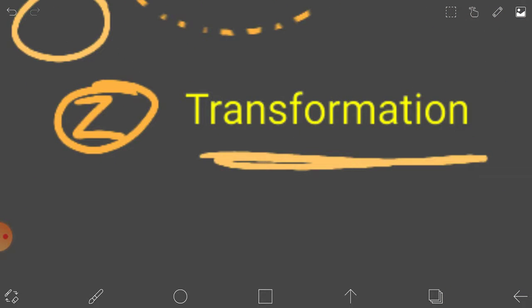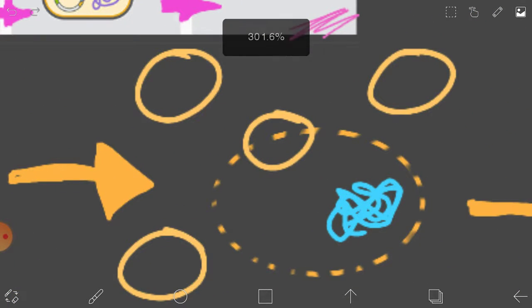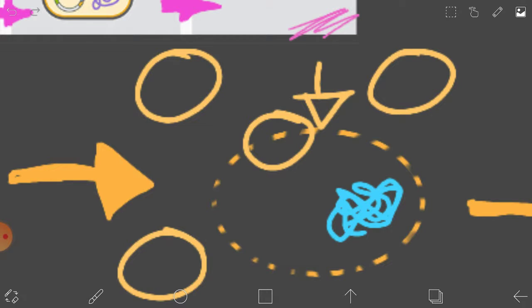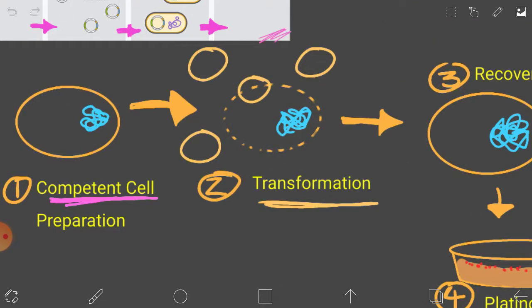That's basically it. Transformation is where all of the plasmids go and take their place inside. Then it's stored away or put on ice for a bit, just so it could keep its permeability and for the plasmids to stay.